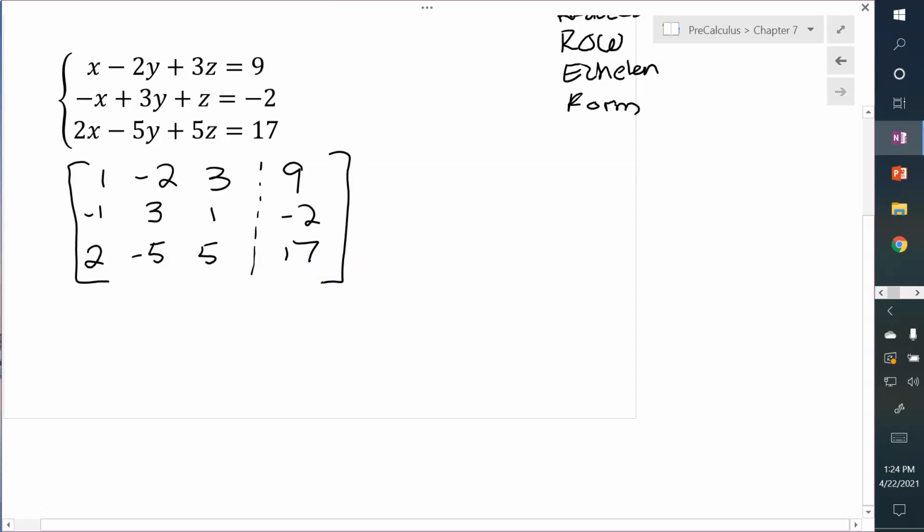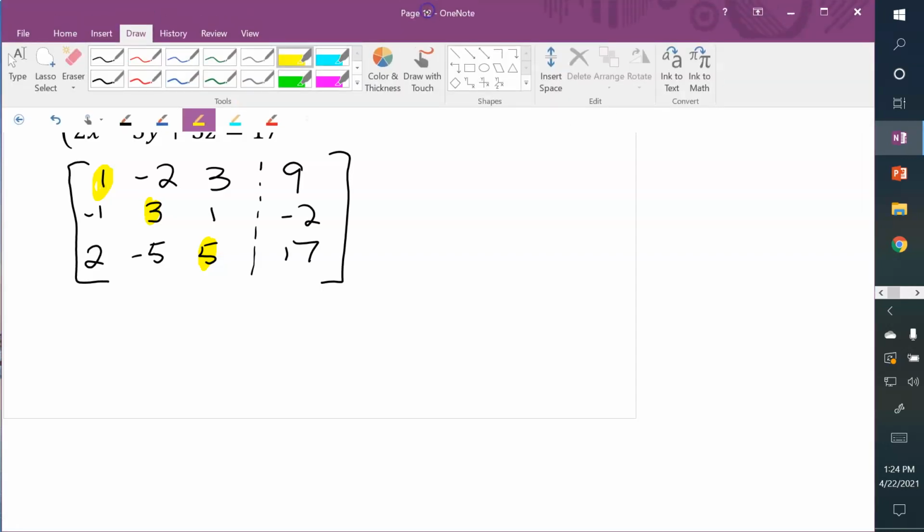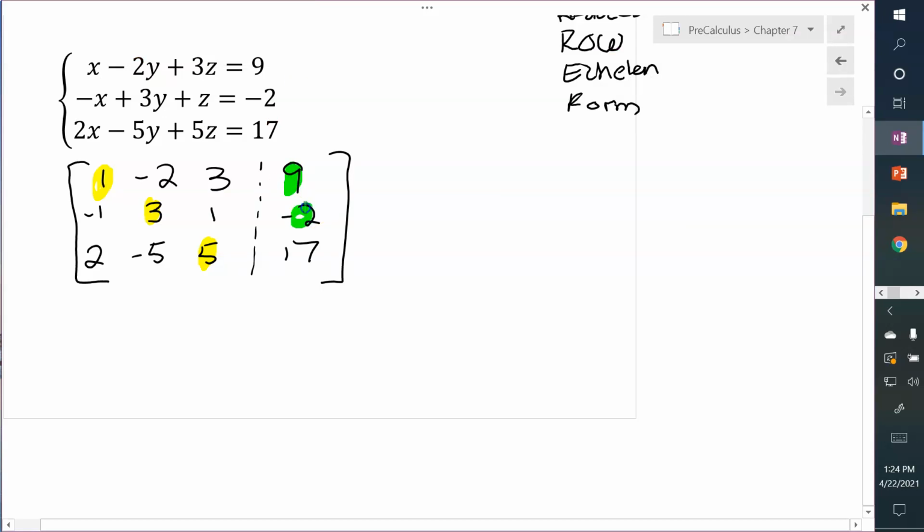And remember, what I want to have along this diagonal is 1, 1, and 1. And all the other spots to the left of my dashed line need to go to 0. And I'm allowed to have any numbers I want on the right of the dashed line. So these ones in green, they may change, but I'm okay with having any numbers there.